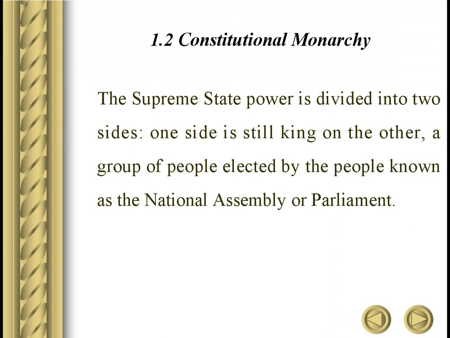For constitutional monarchy, the supreme state power is divided into two sides. One side is still a king, and on the other, a group of people elected by the people, known as the National Assembly or Parliament.